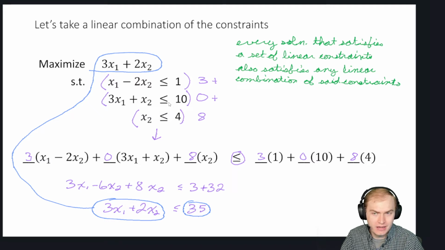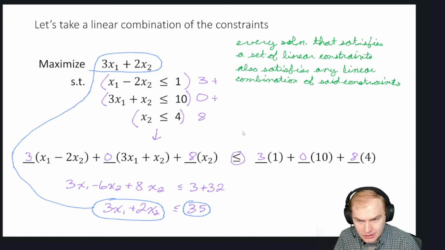And similarly, adding two constraints together could open up more solutions that would satisfy, but it will never cut off a solution that used to satisfy those constraints. It will never remove that satisfaction.